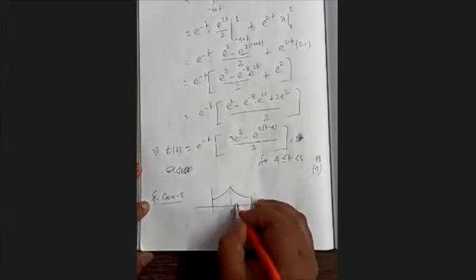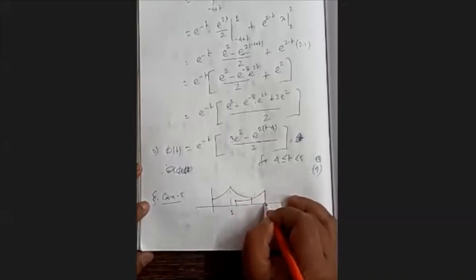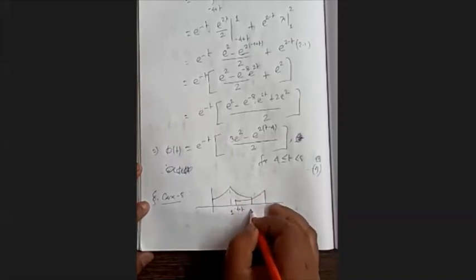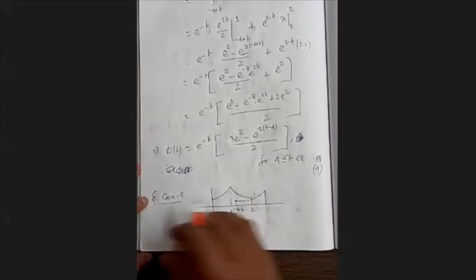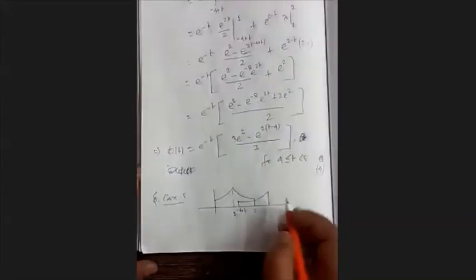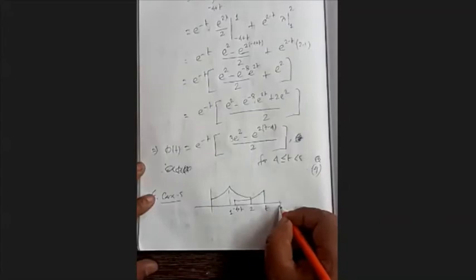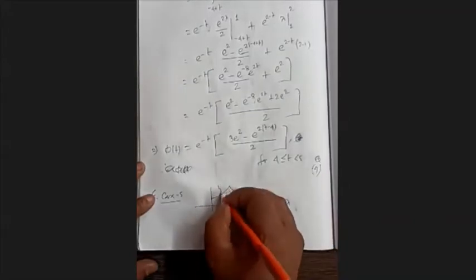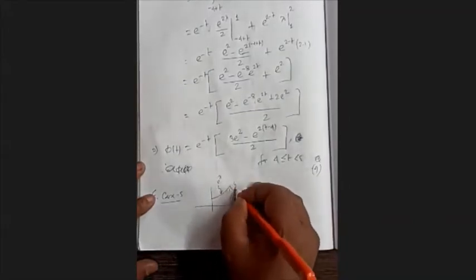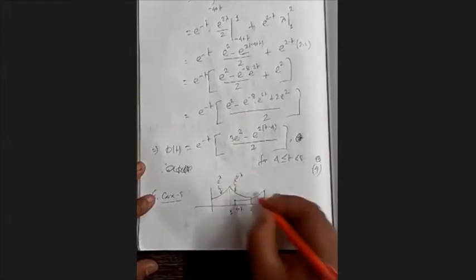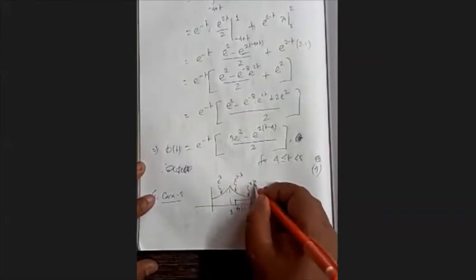So case 5. This is 1. Minus 4 plus t is t. Lambda. So e to the power lambda, e to the power 2 minus lambda. This is our x lambda.